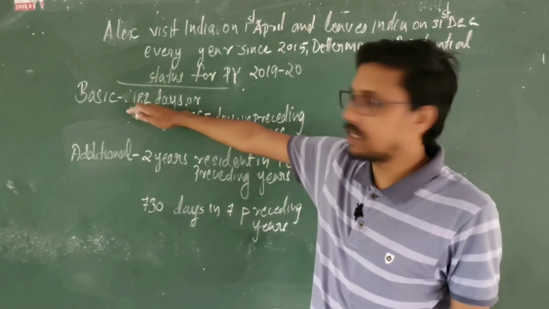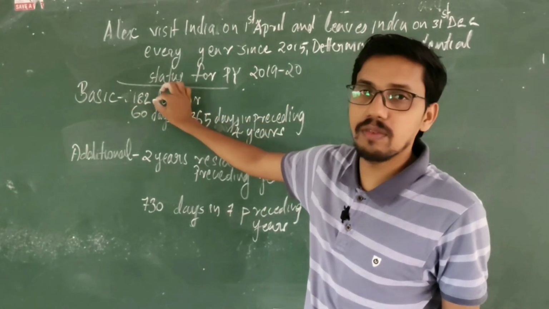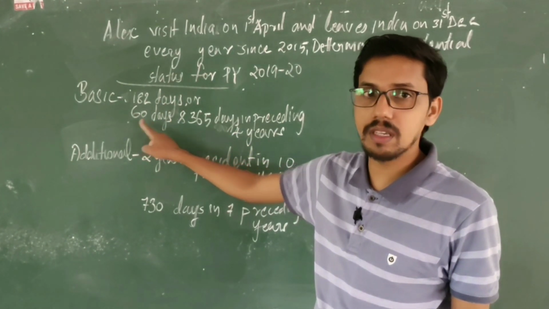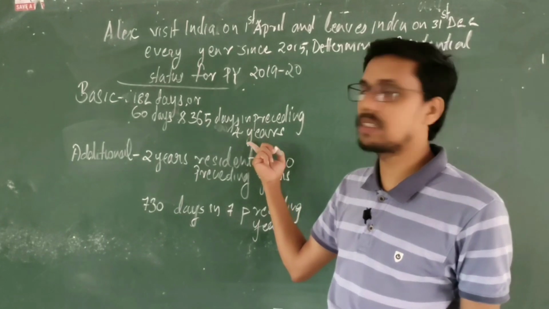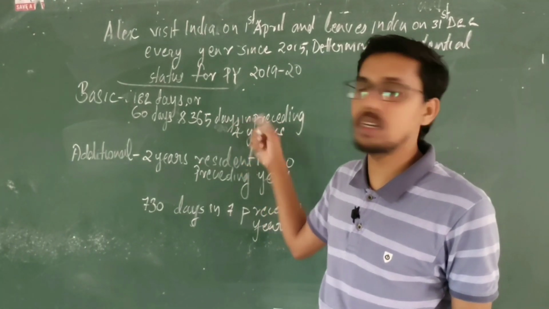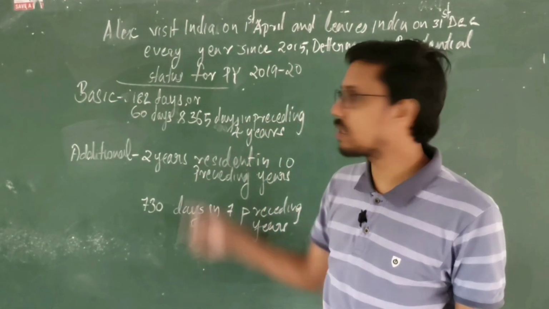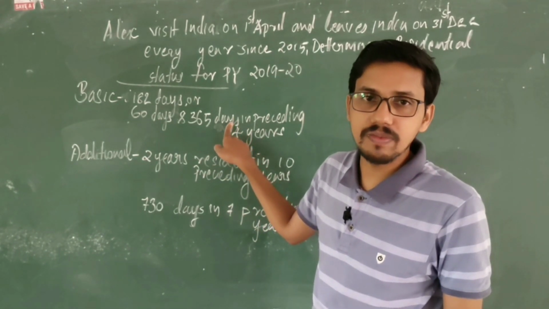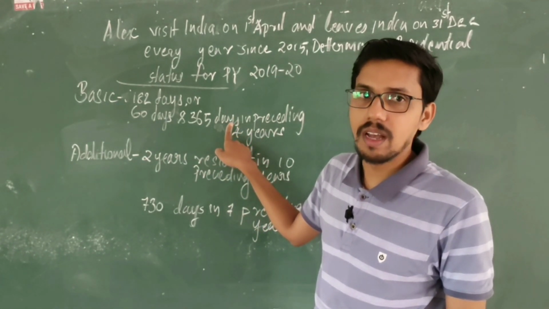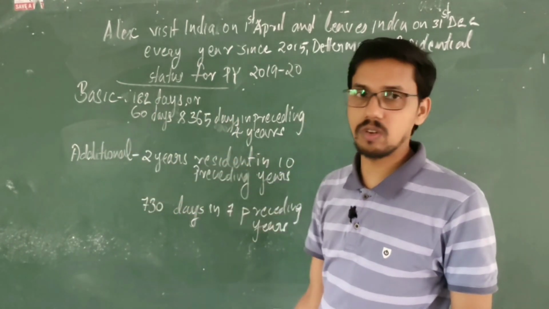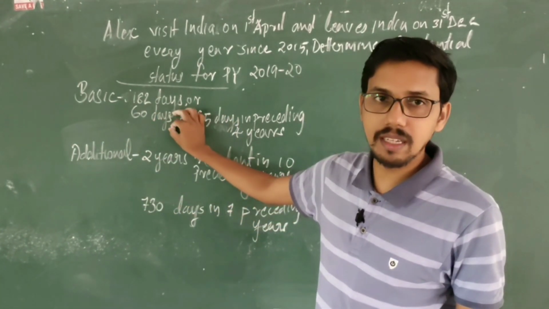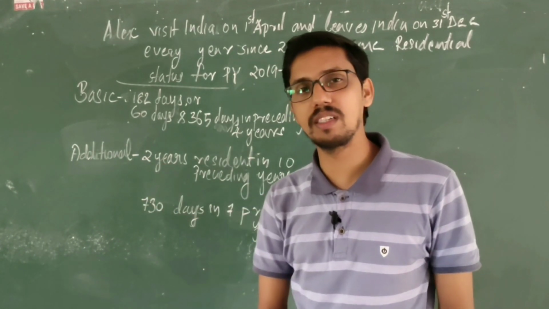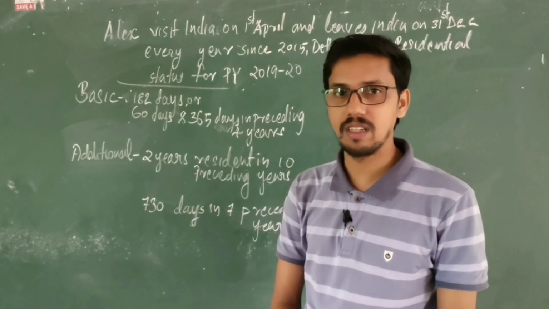So, the condition is he shall be in India for 182 days in the relevant previous year, or 60 days in the previous year and 365 days in the preceding 4 years of the relevant previous year. If either of these conditions is satisfied, then he is called a resident. Once he is a resident, we can check the additional conditions to determine whether he is an ordinarily resident or not ordinarily resident.